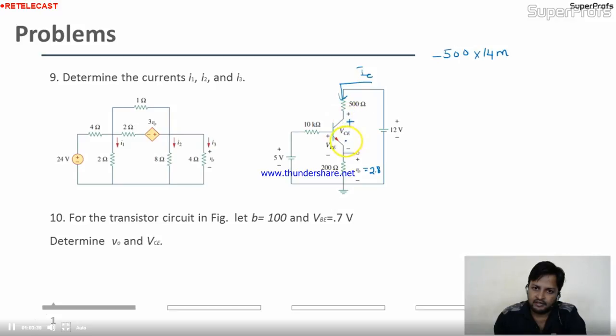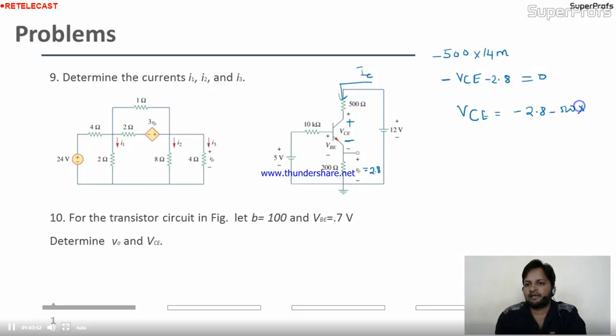This is the positive sign, this is the negative sign, so minus VCE. Here I'm getting minus 2.8, and this is the ground. Everything is okay. So VCE is nothing but minus 2.8 minus 500 into 14 milliampere. So you will find VCE, solve it. It's up to you now.